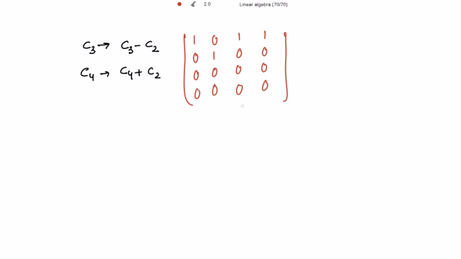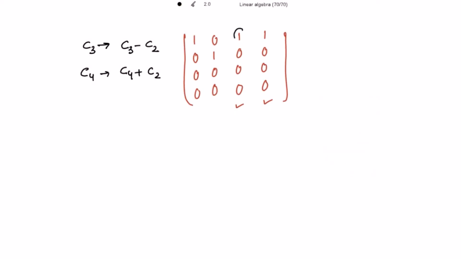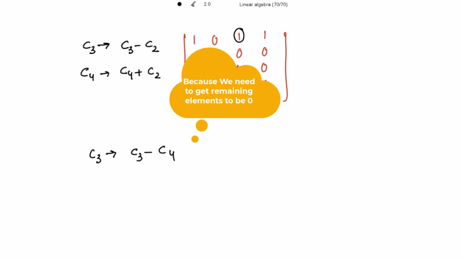And now let me subtract column 3 with column 4 to get 0 in place of 1. So column 3 is changed by subtracting column 4 from column 3, and also changing column 4 by subtracting the elements of column 1 from column 4.